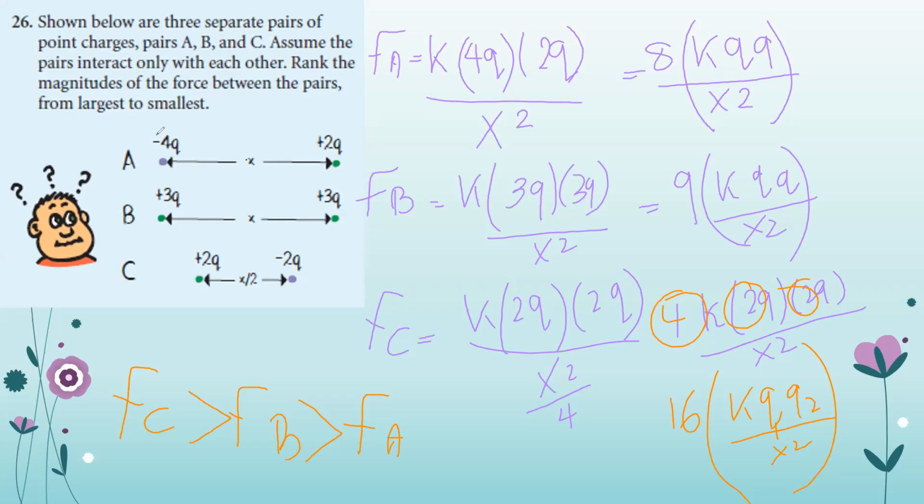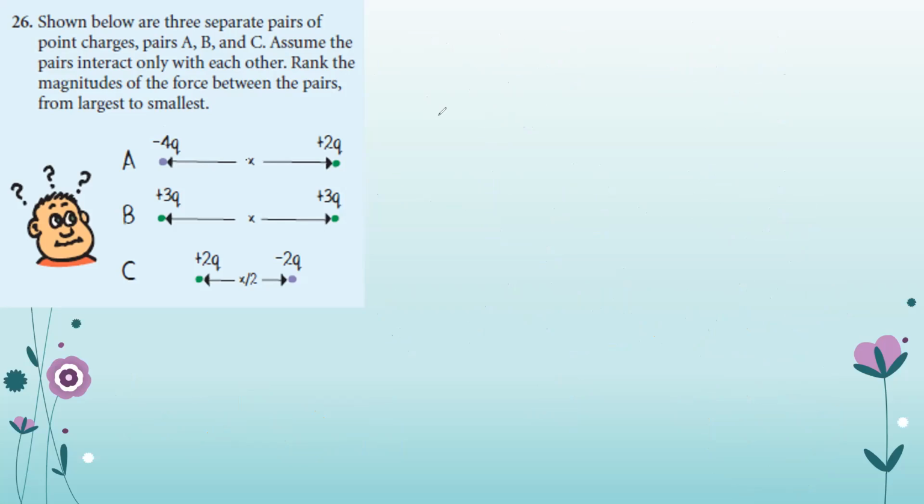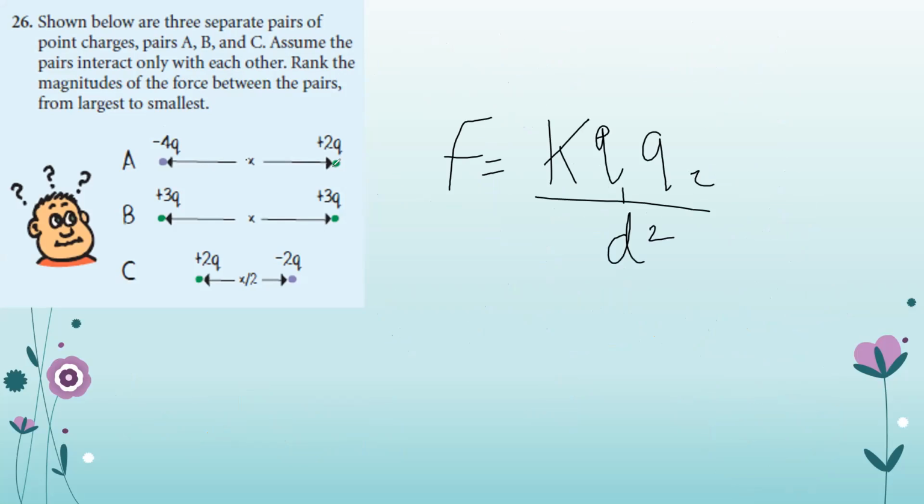Smaller. Yeah, because we said that the force is inversely proportional to the distance. That means if you increase the distance, the force will decrease. Here, force is K Q1 Q2 over r squared.